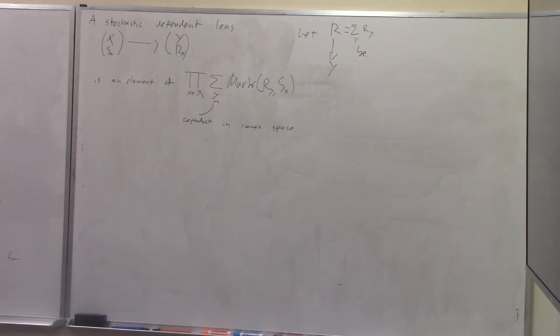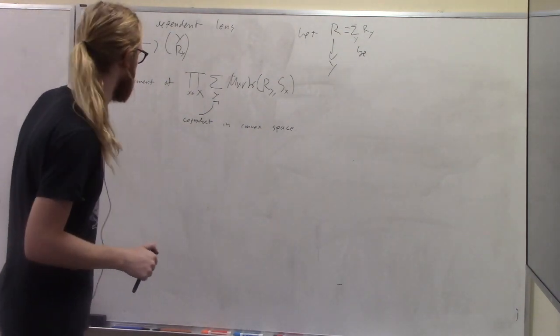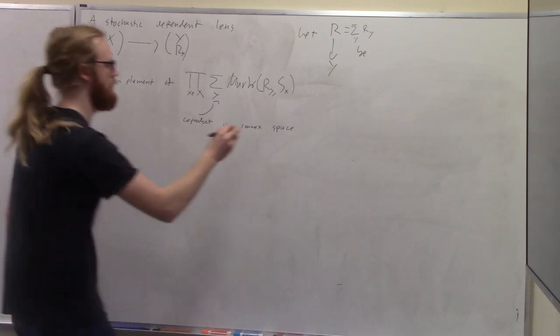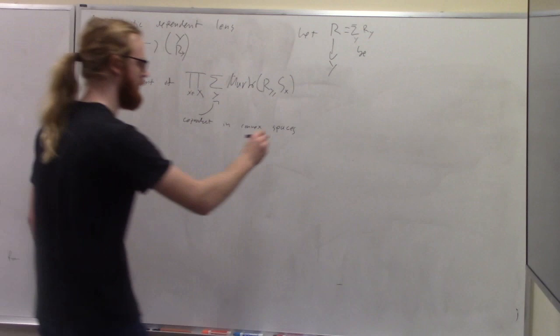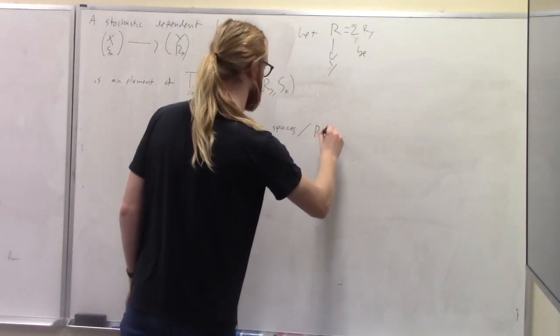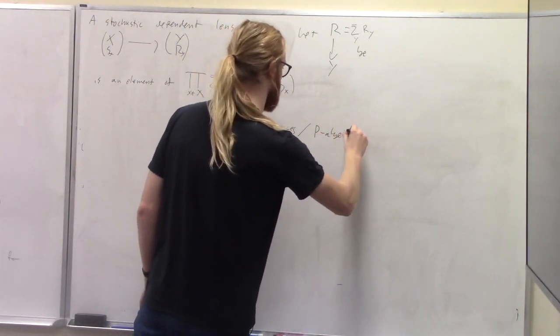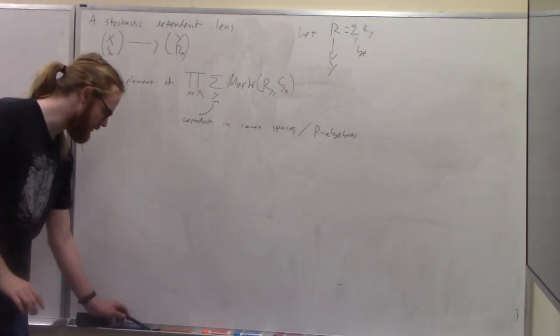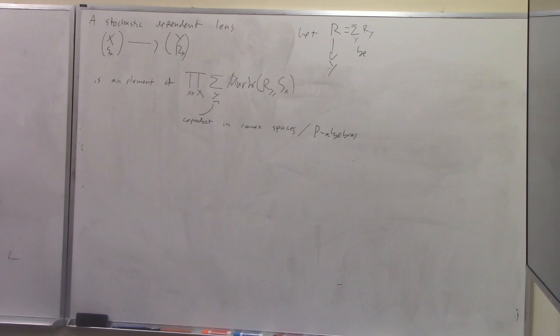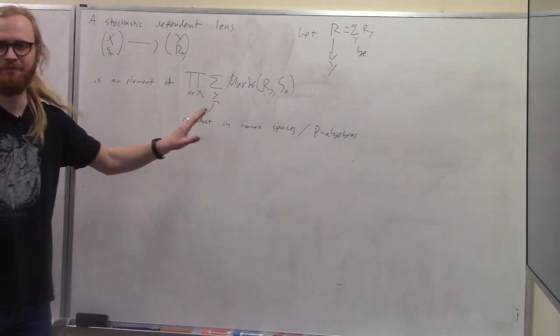So that's kind of the space, or, you know, P algebras. Right, so it's something like the join. So this is a bit mysterious, but let me just explain what this means.